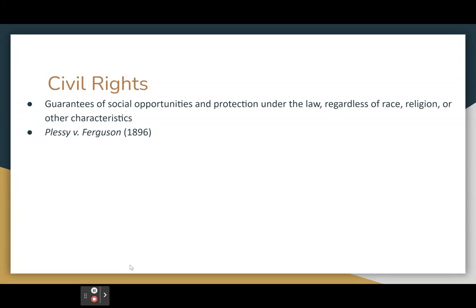So, when we talk about Plessy, it refers to Homer Plessy, who, physically, if you were to look at him, was a man who had blonde hair and blue eyes. However, he was 1/8 black. One of his grandparents was a black person.